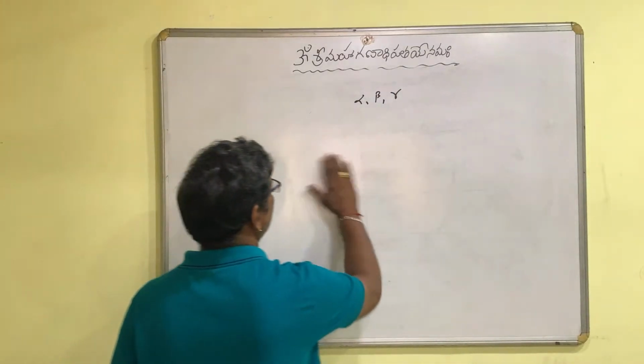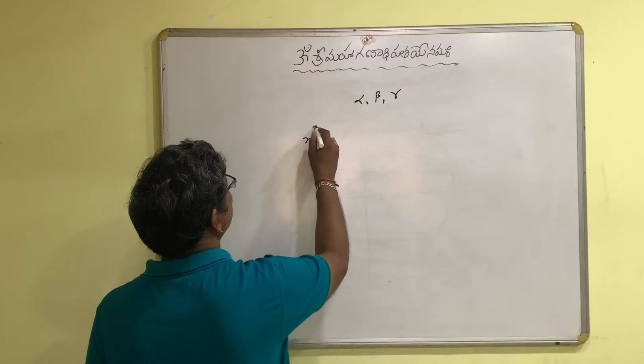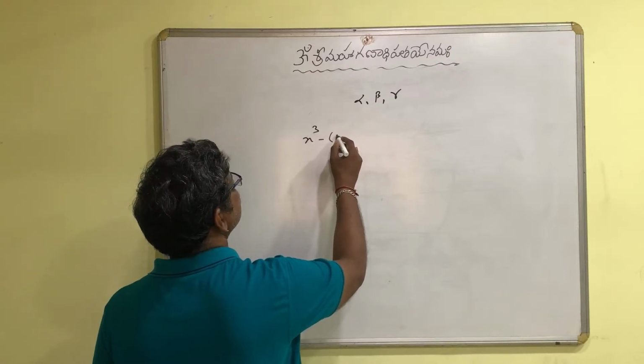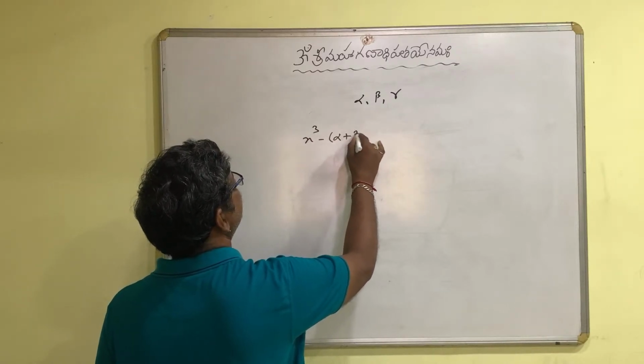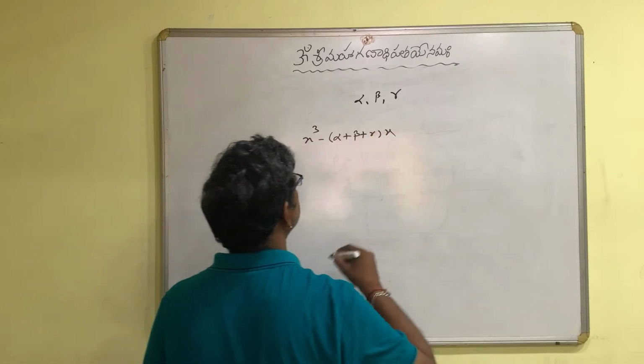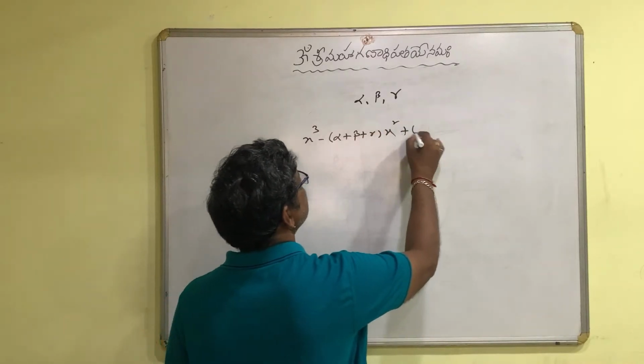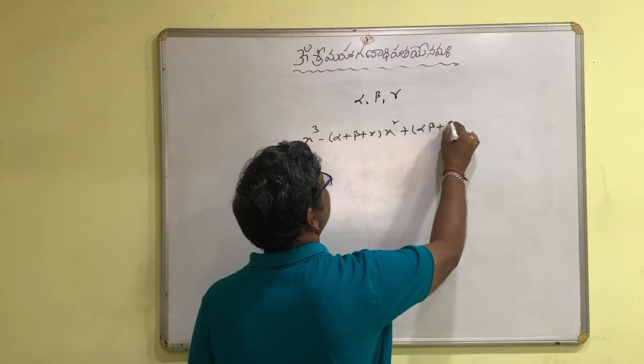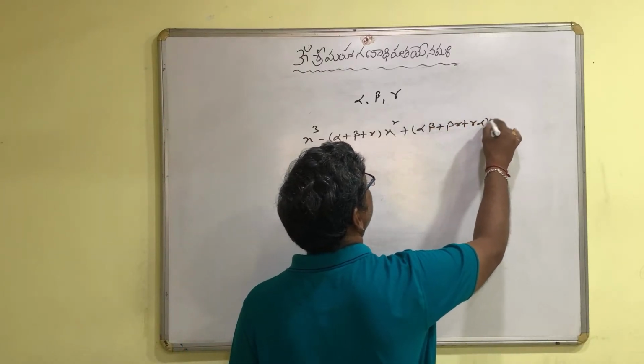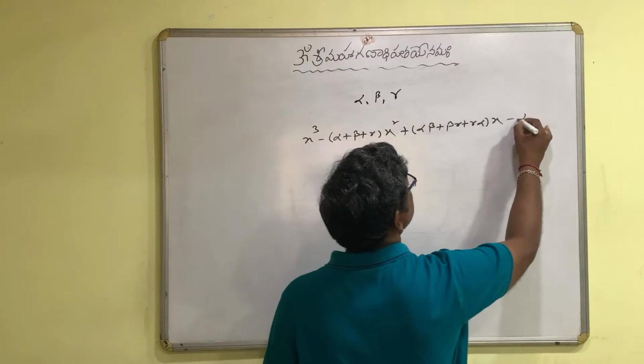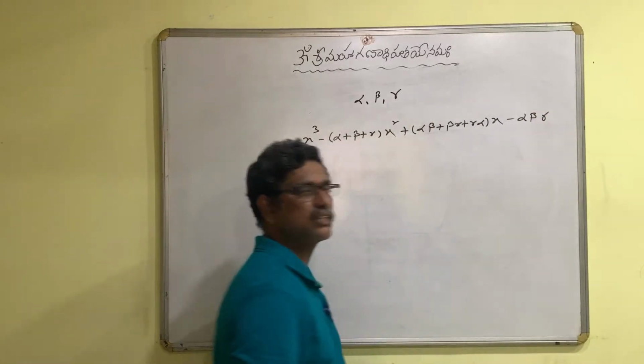How to find out the polynomial? There is a formula: x cube minus (alpha plus beta plus gamma) into x square plus (alpha beta plus beta gamma plus gamma alpha) into x minus alpha beta gamma. This is the formula. Note down.